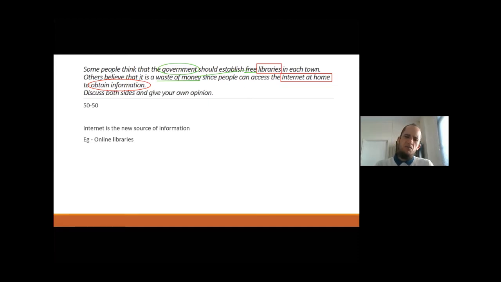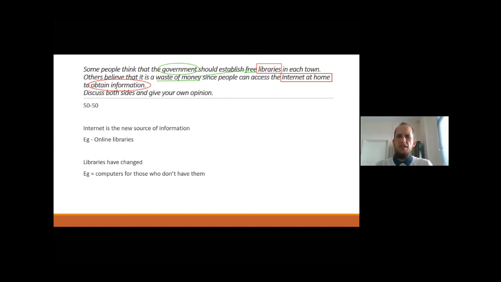Then I would move into my second paragraph, and I would be talking about how libraries have changed, and that libraries have a lot of computers nowadays. I think somebody mentioned it in the chat before, that some people don't have a computer, or some people don't have internet.